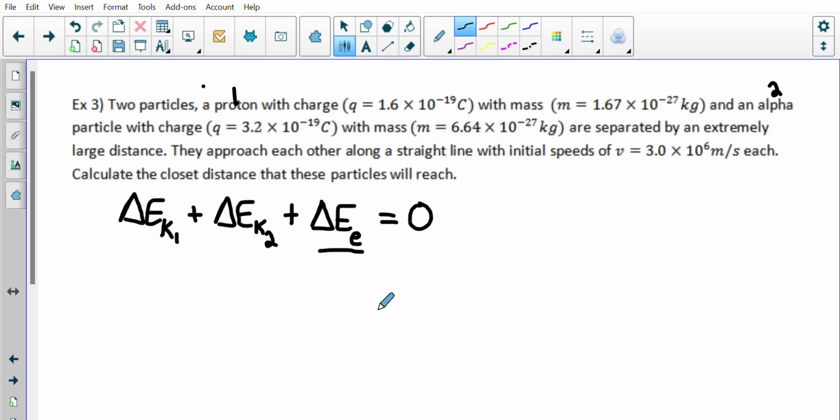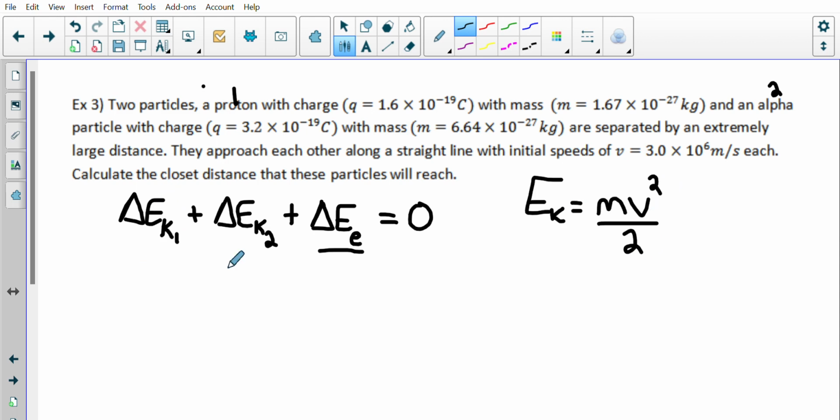All right, so again, any kinetic energy, we have m times v squared divided by 2. Now the change in the first kinetic energy, they don't have any final kinetic energy. So we're going to substitute into our formula here.